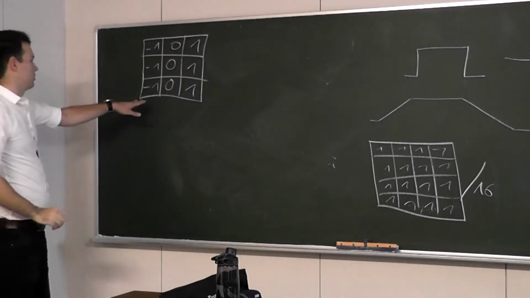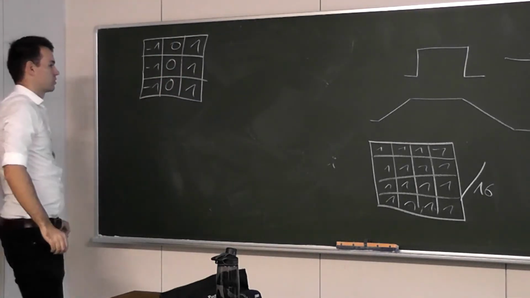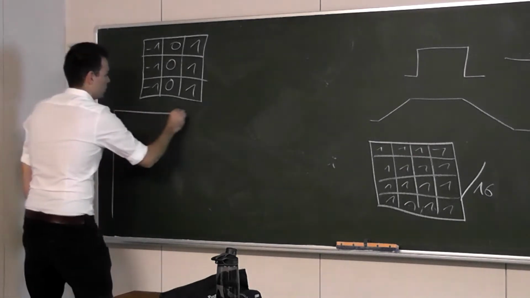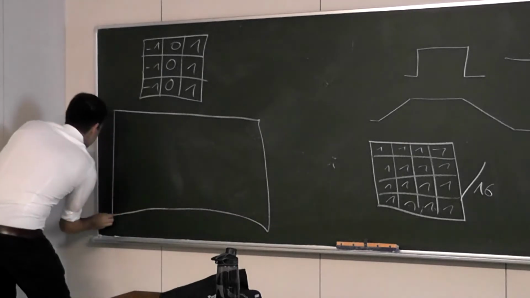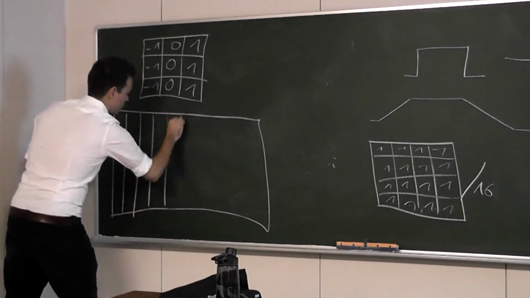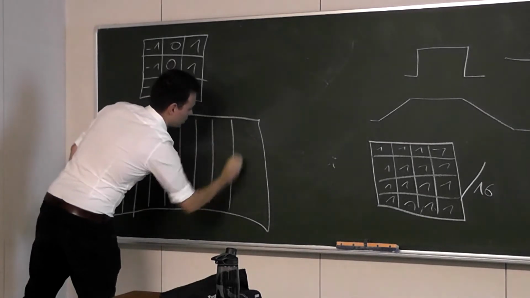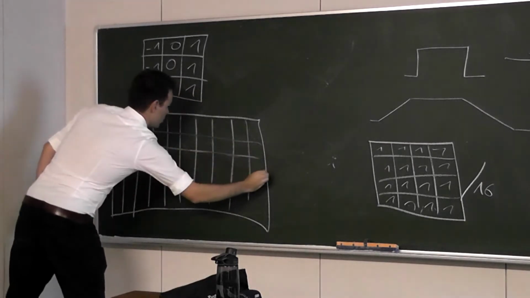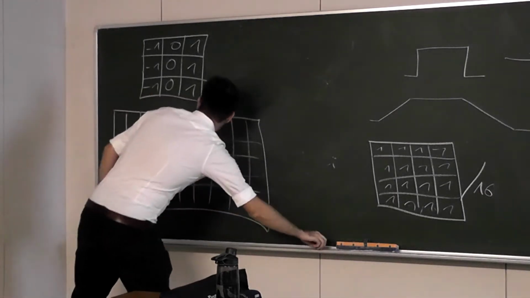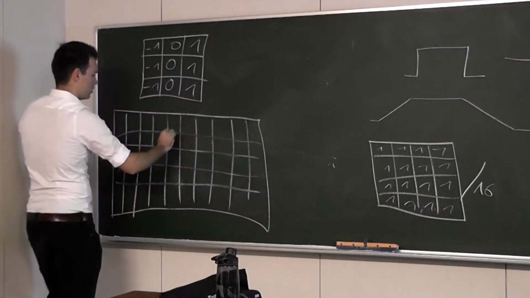So what does this kernel mask do to the picture? Let's say this is a picture, and we have just one big edge somewhere, like here.